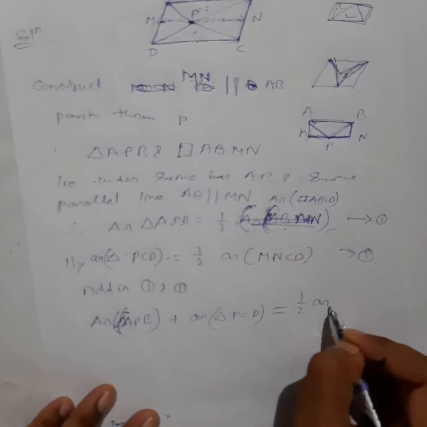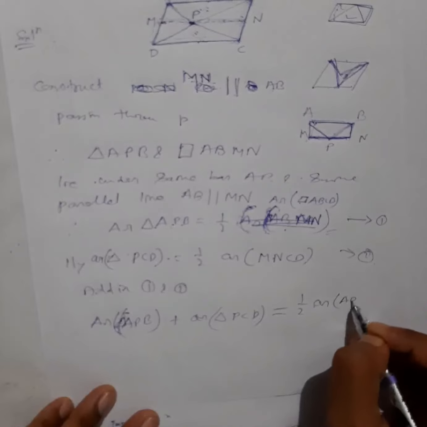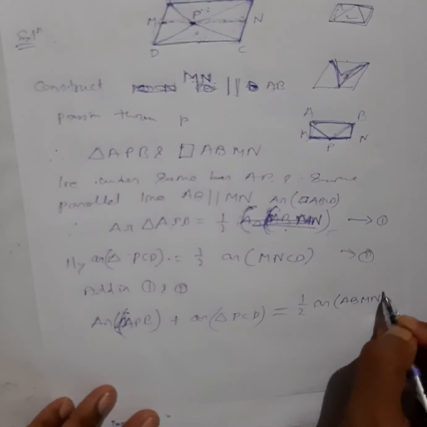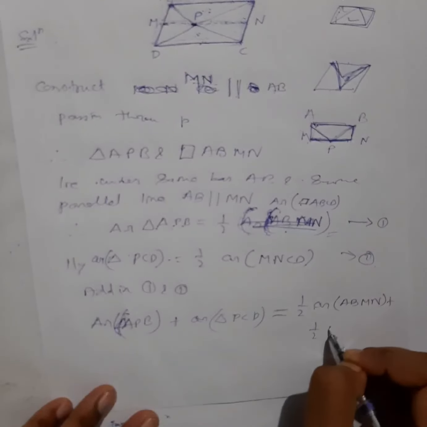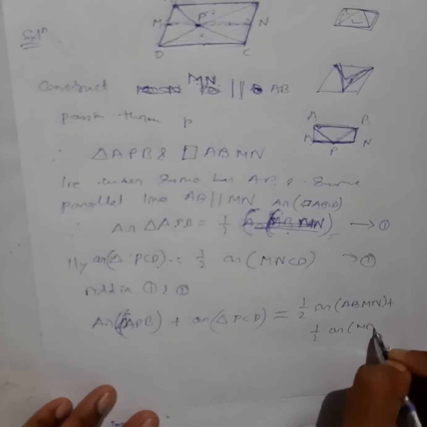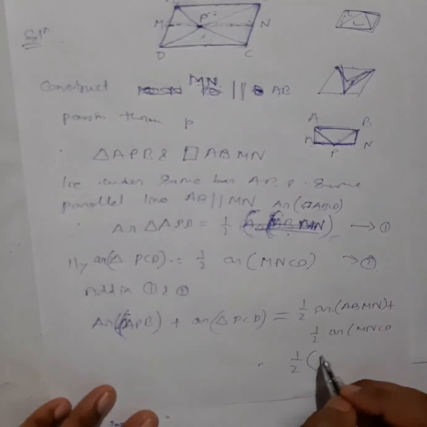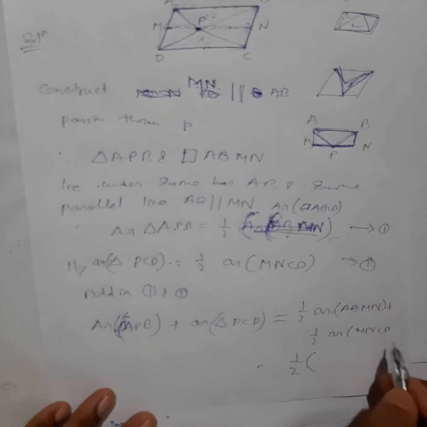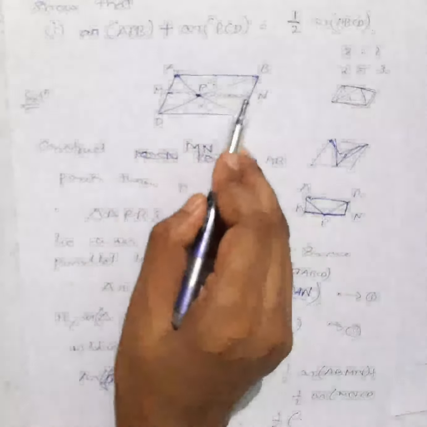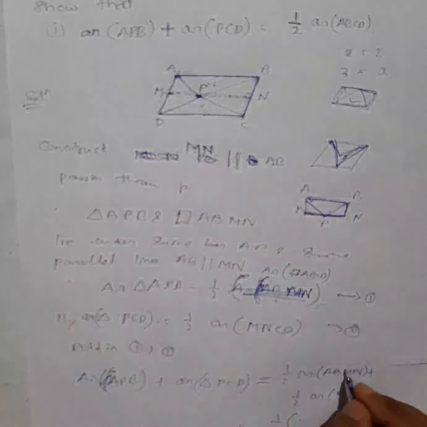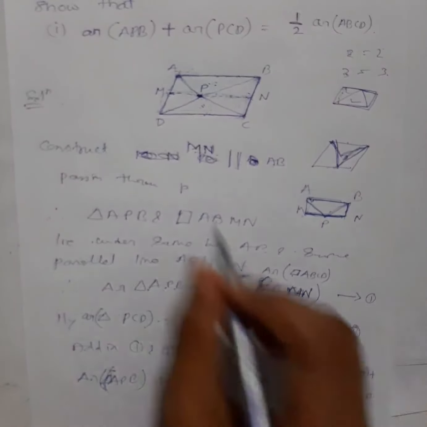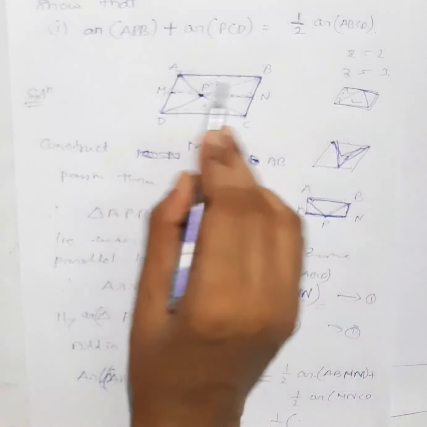So half of area ABMN plus half of area MNCD, which is equal to half. Can I take common? Now area of ABMN and MNCD. Sorry, I should write N here, M here, right? So in sequence you need to go, okay?